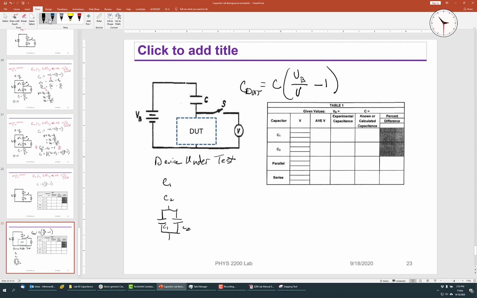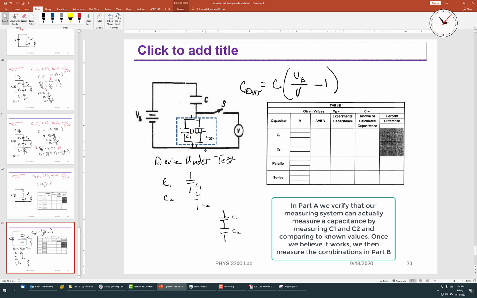And so we should just say that it's C1, C2, and then C1 and C2 in series. And you can just literally think about it as different things that you're dropping inside the box.